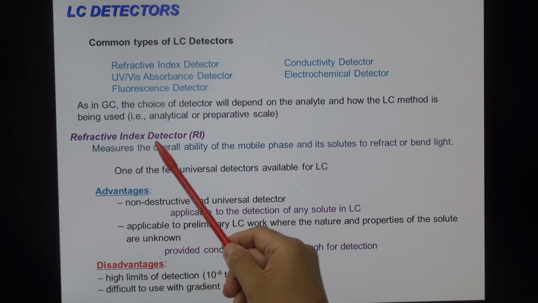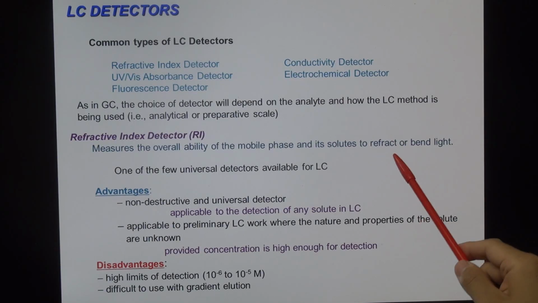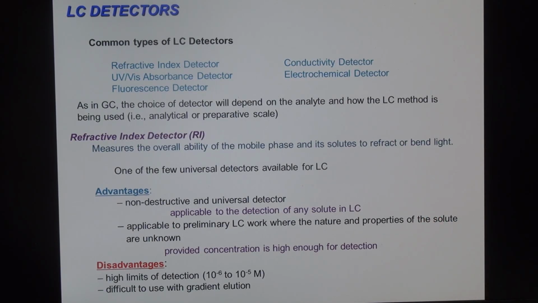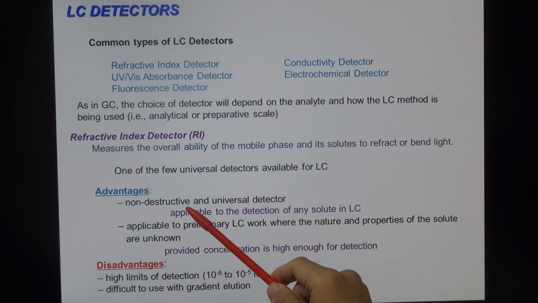For the refractive index detector, they measure the refractive index, the change of light, how much they reflect or bend light. They are very universal. They are non-destructive because they only measure the refractive index. But the problem is they have a relatively bad limit of detection.